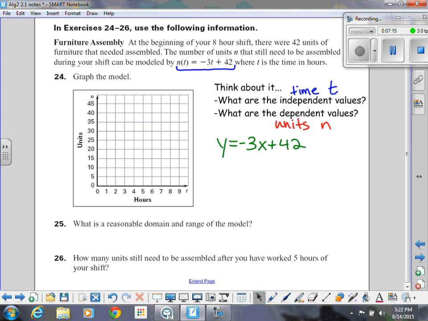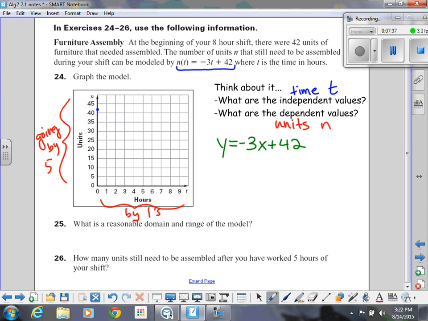So if I do that on this graph, please pay attention to the scale over here. Over here, the units are going by 5. But down here, the units are going by ones. Okay, so when we do our rise over run, we have to be careful with that. So I'm going to start at positive 42.